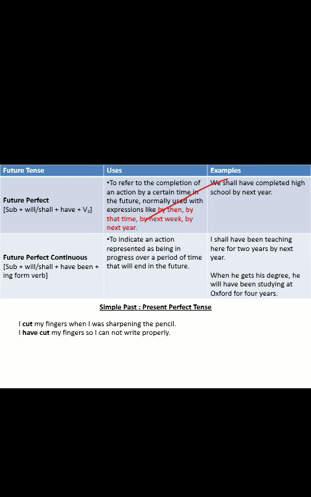Simple, when to use simple past as compared to present perfect tense. Both of them are used to communicate or express a completed action.